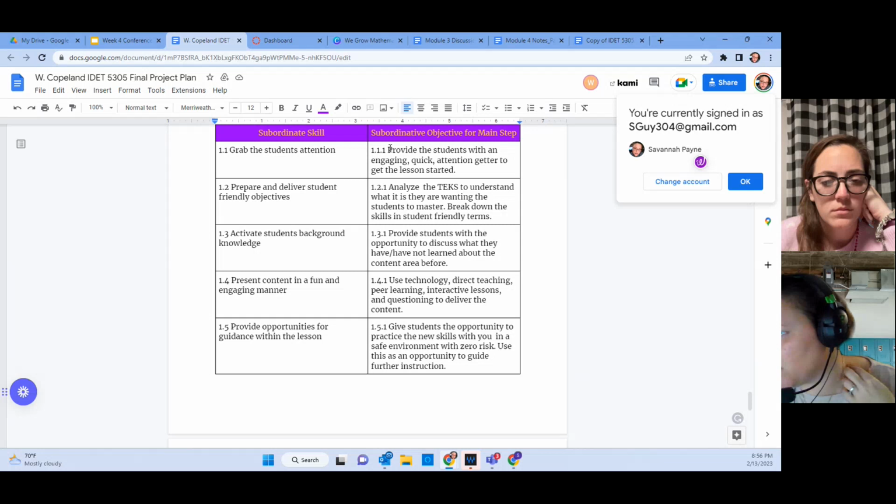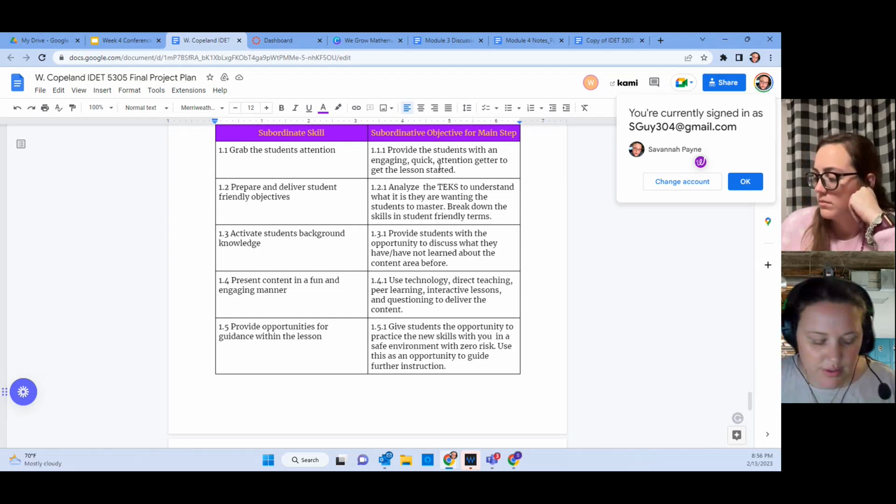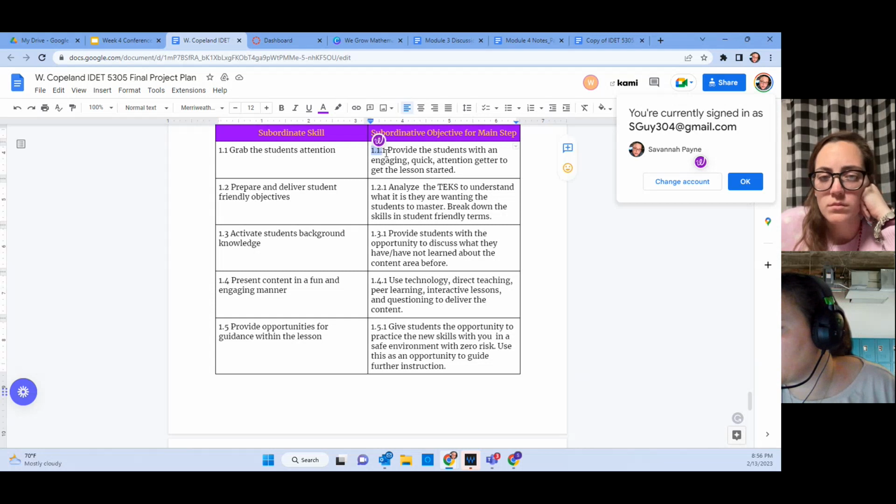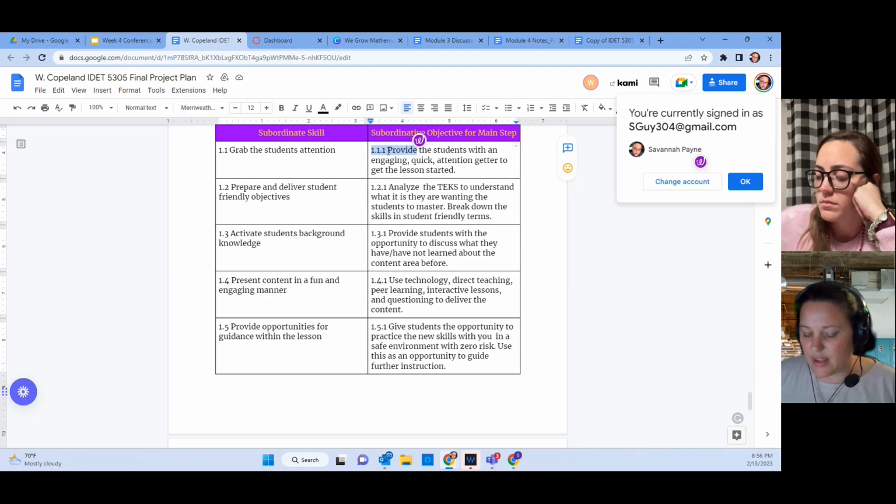What I did wonder, and this was what I've been wondering all day, even about mine, is with the subordinate objectives. I had really been thinking a lot about that.